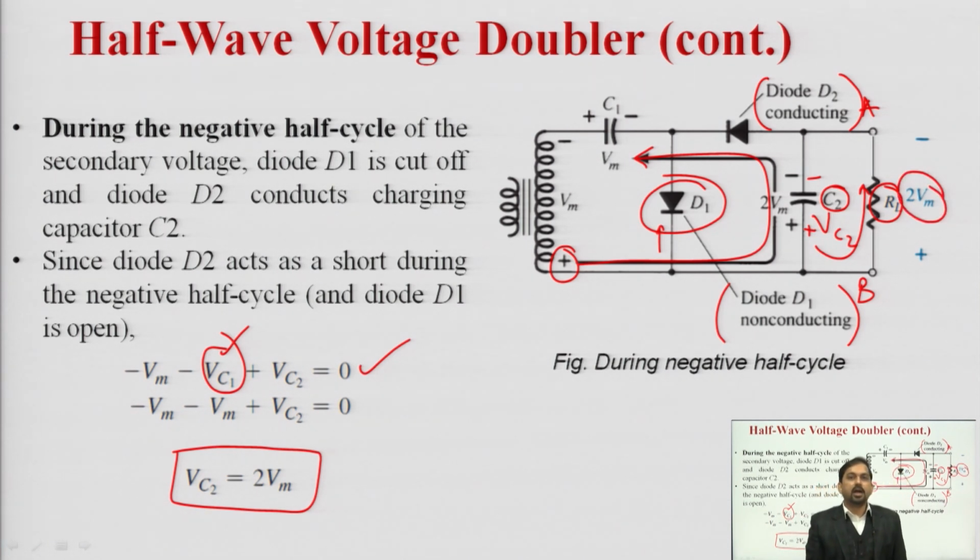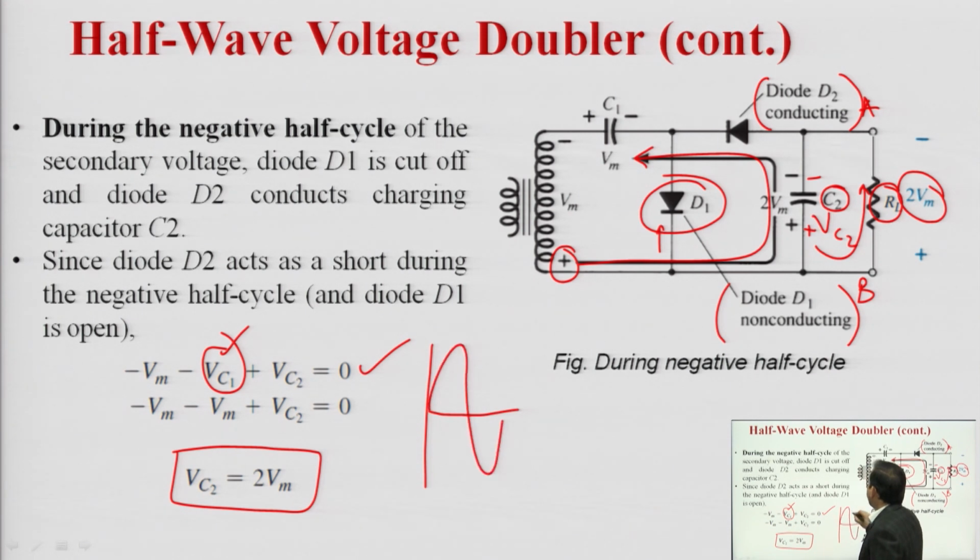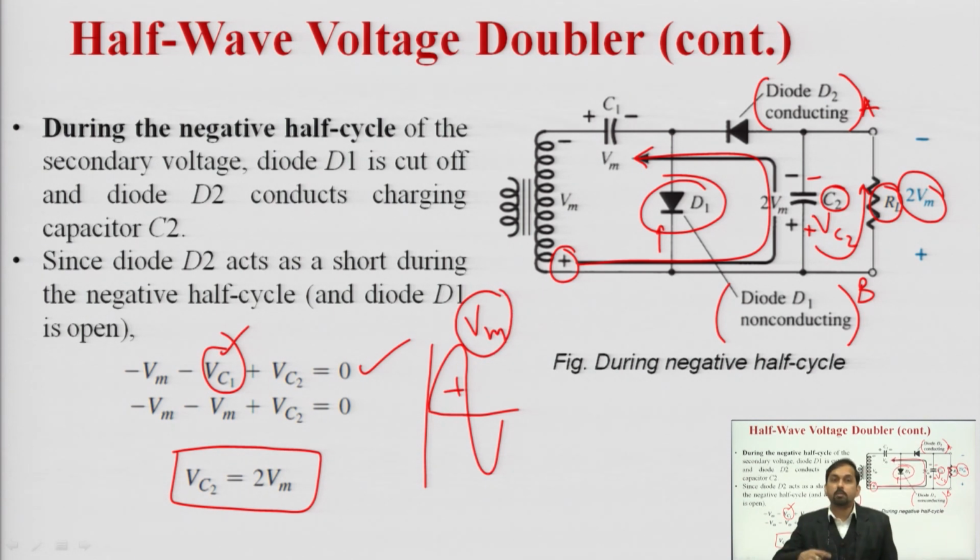So here we can see that the output voltage is double the maximum voltage we applied. The maximum peak value was Vm, and we received an output voltage which is 2 times that. This kind of circuit is known as a voltage doubler, or particularly this circuit can be known as a half wave voltage doubler.